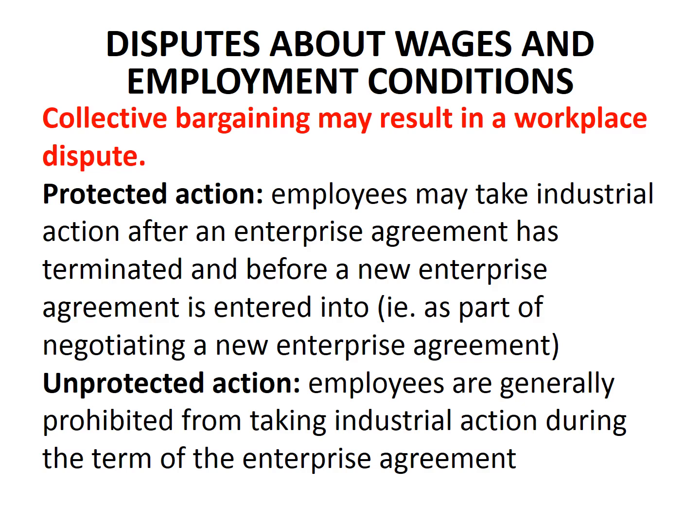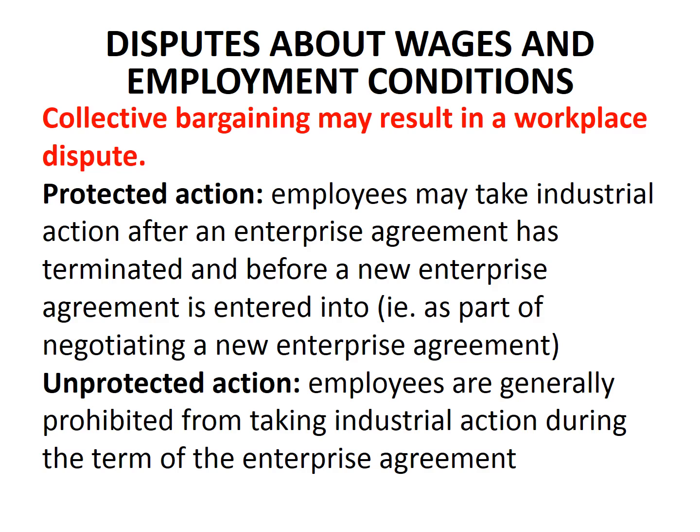This industrial action, which is taken after an enterprise agreement has terminated and before a new enterprise agreement is entered into, that is, it's industrial action which is taken as part of negotiating a new enterprise agreement, is called protected action. It's called protected action because the employees are lawfully entitled to take this industrial action.